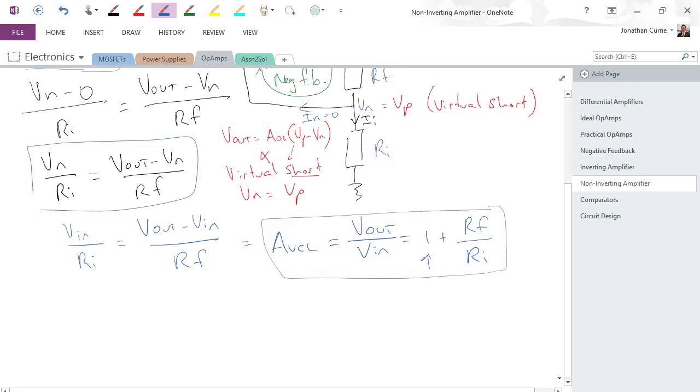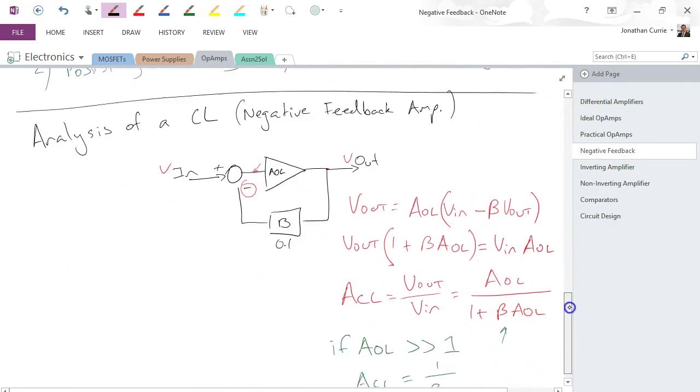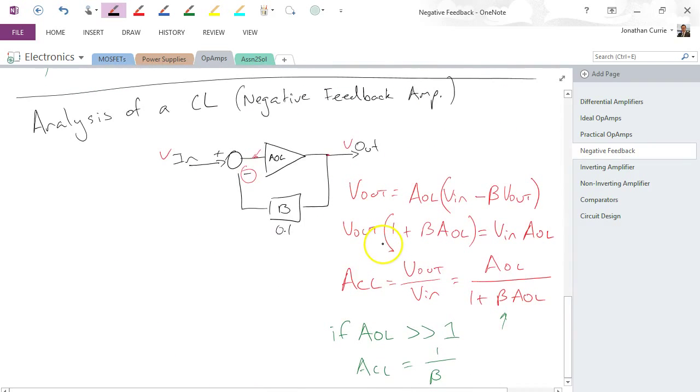Now, there is another way that we could look at this particular circuit. We could look at it from the negative feedback viewpoint or analogy. Just like we saw when we did the analysis of the negative feedback down here, where we've got our op-amp with its fraction of the output applied and subtracted from the input, we saw the expression for closed loop gain was equal to 1 over beta.